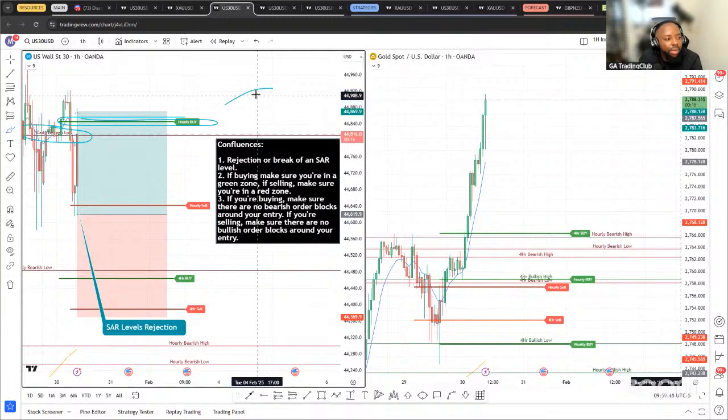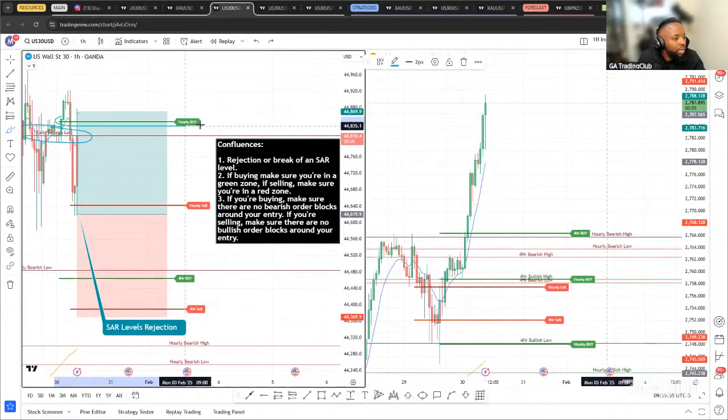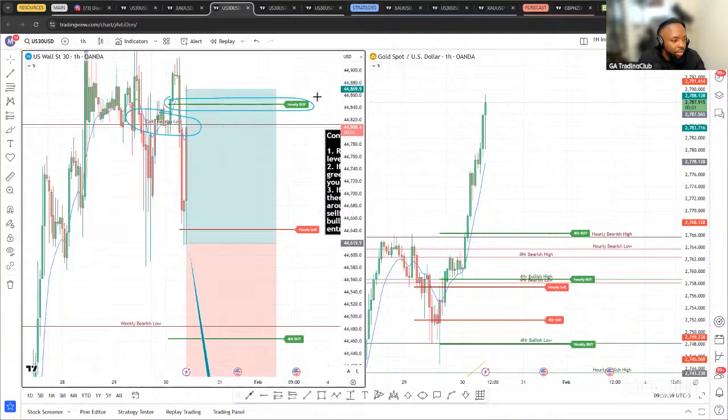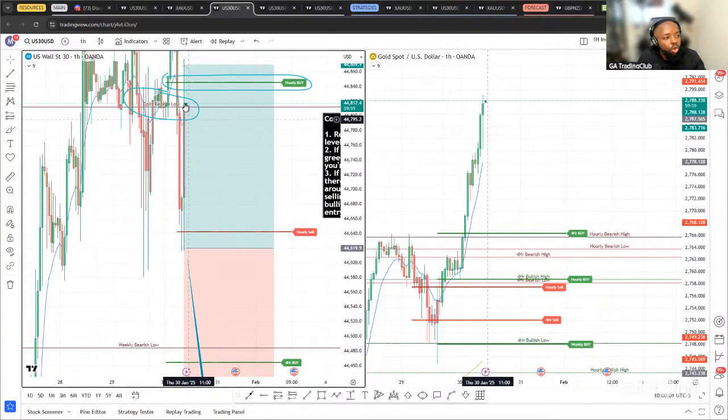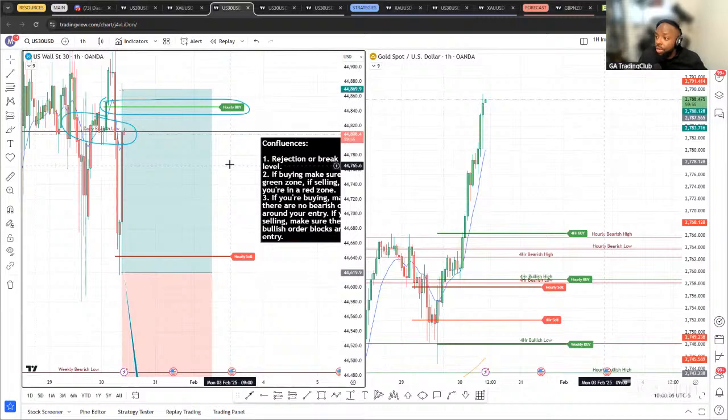But knowing that, and knowing that we had this hourly buy SAR rejection here, most of the times they will try to undo this. This hourly buy right here. Most of the times for these rejections, they'll go past that. So think of these rejection areas as areas where they're going to grab liquidity, or an area where price is targeting before it reverses or before it continues in another direction.